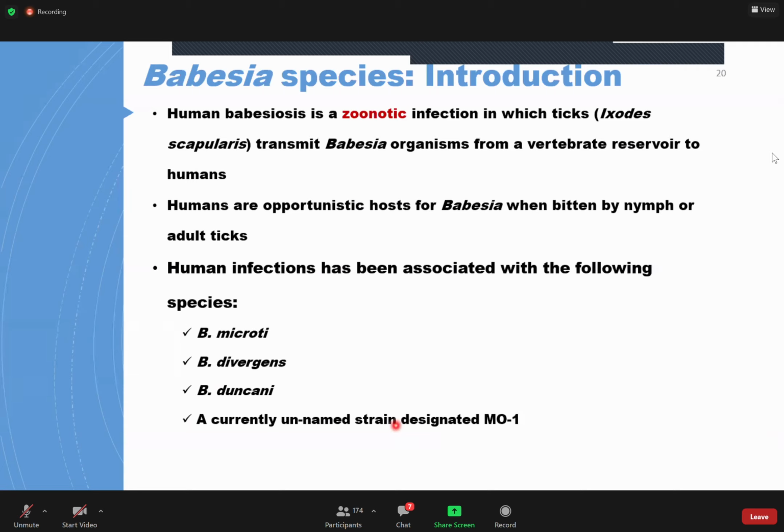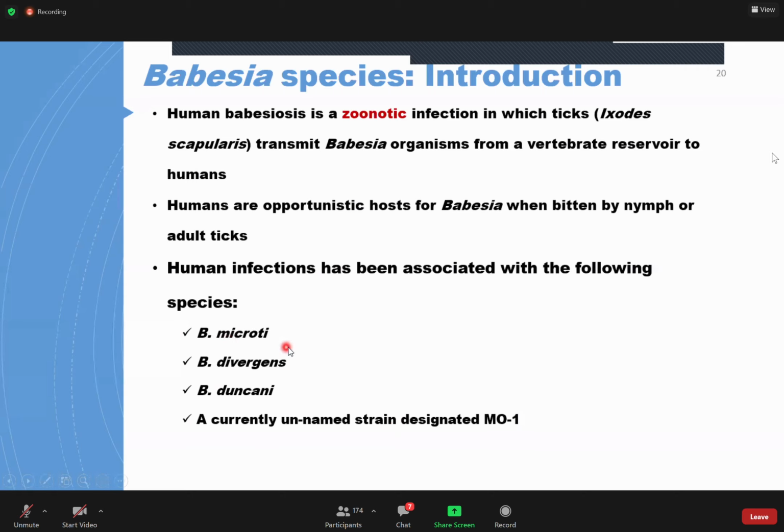Humans, however, are opportunistic hosts to the parasite because we are not the usual intermediate host. However, because of our activities, we may be exposed to this vector, and in the process, if the vector is infected, we can end up with an infection. Human infections have been associated with these species of Babesia.